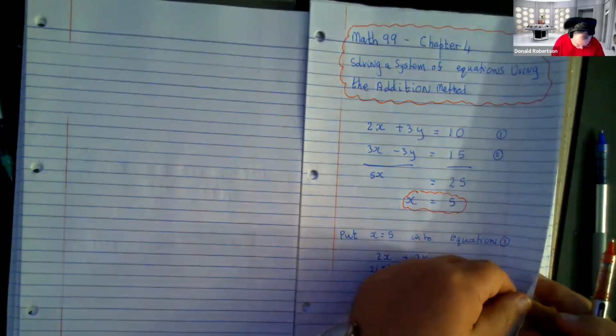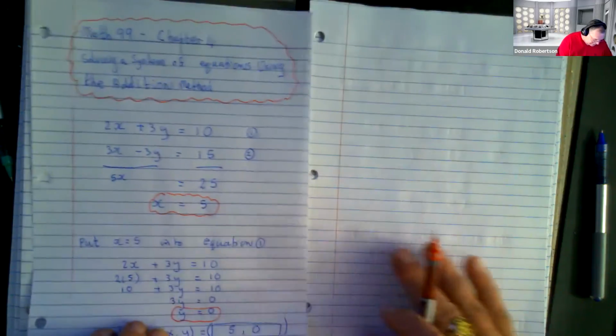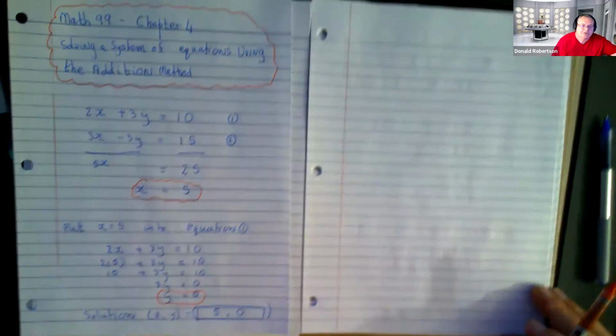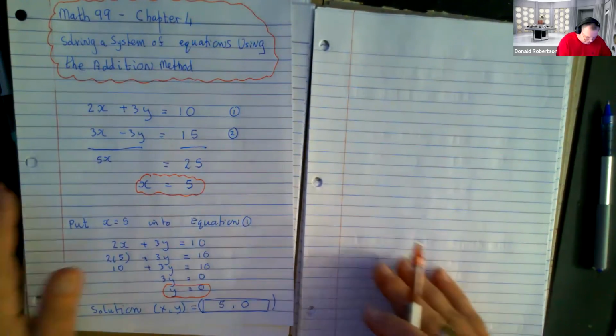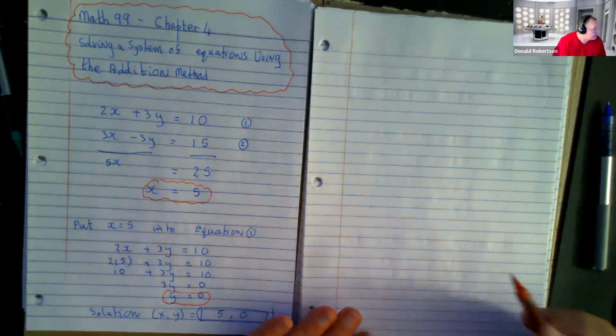What's more realistic and more likely to happen is that the two equations that you get at the start won't be in a format that lends itself to just adding the equations directly together.